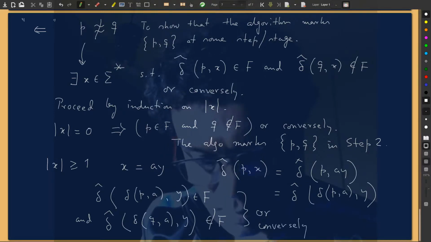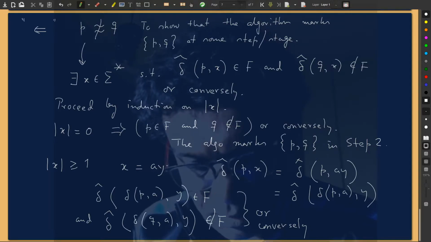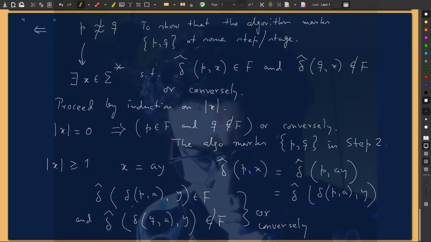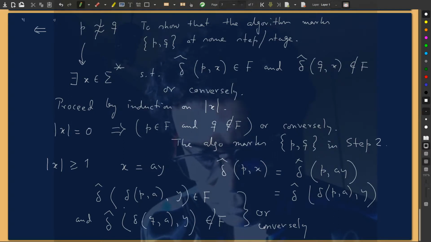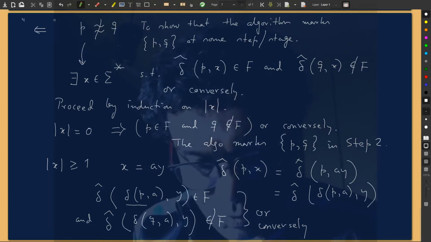That is, this is not in F, this is in F. But the size of y is 1 smaller than the length of x. So by induction, the algorithm marks this pair, this and this.